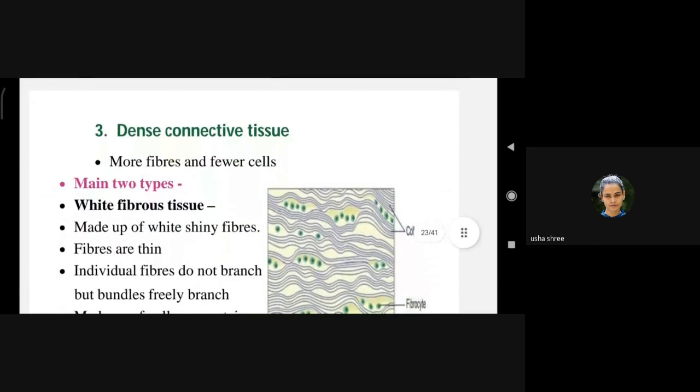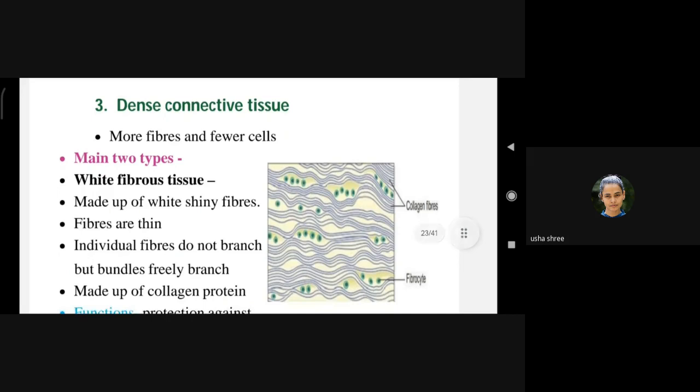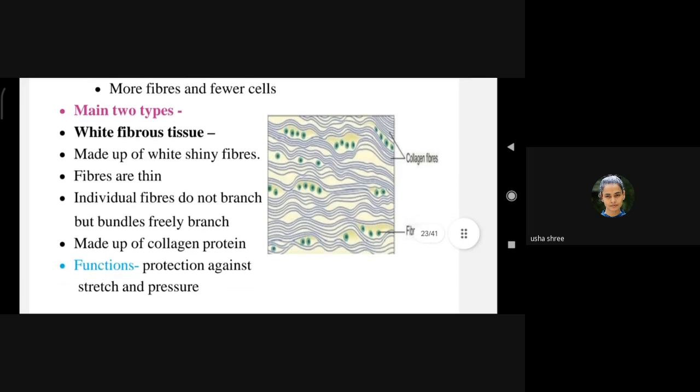Now, dense connective tissue. It has more fibers and fewer cells; fibers are more in dense connective tissue and cells are very few. There are mainly two types. White fibrous tissue is made up of white shiny fibers. Fibers are thin.